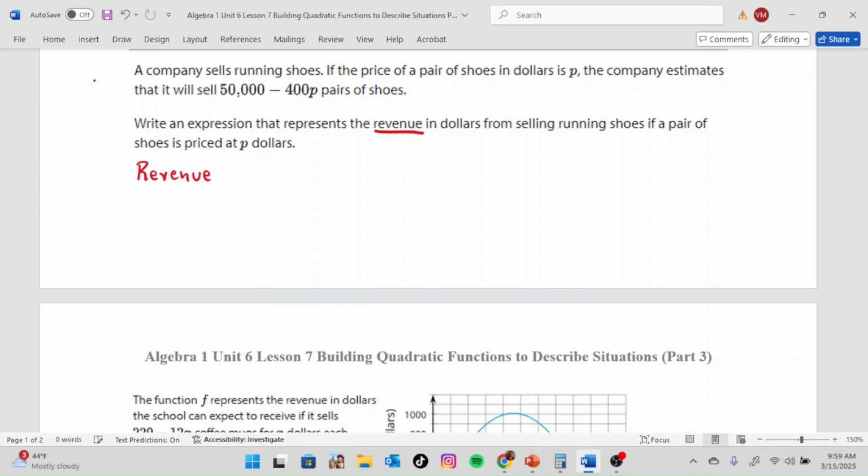And revenue is the number of items sold multiplied by the price.